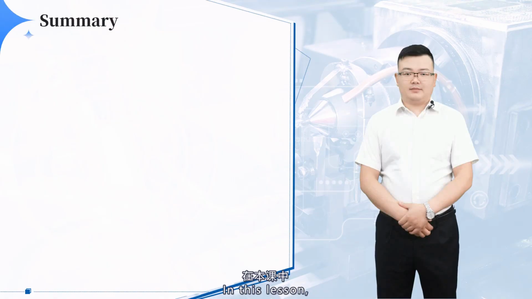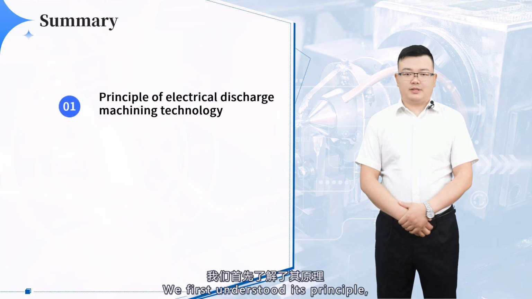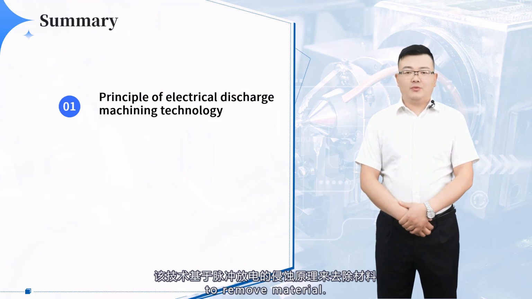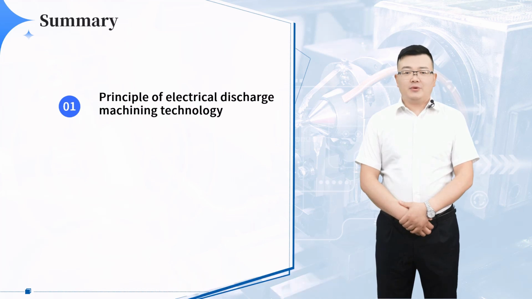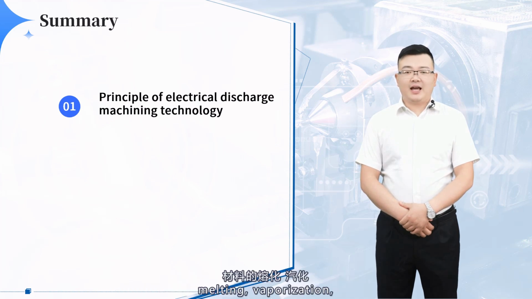In this lesson, we primarily studied EDM technology. We first understood its principle, which is based on the erosion principle of pulse discharge to remove material. The process includes stages such as ionization and breakdown of the dielectric between electrodes, melting, vaporization, and ejection of material.